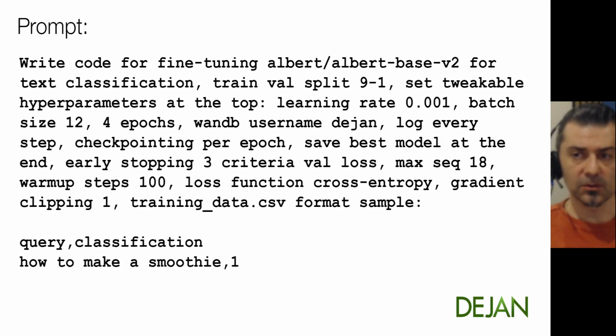One thing I like to do is ask the model to code in such a way that all the tweakable little parameters are sitting at the top, so I can open the code and change parameters if I'm trying to rerun the training. For example, learning rate, the batch size. Batch size is important if you're using a GPU, and you want to make sure that you're not exceeding your GPU VRAM.